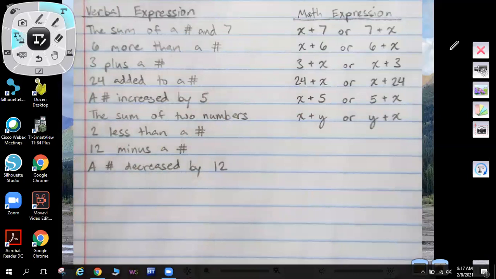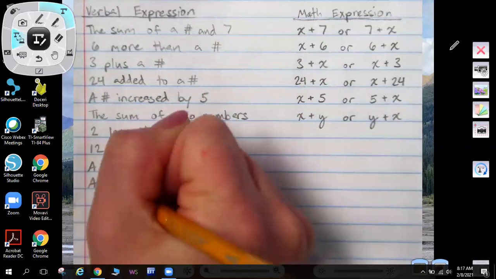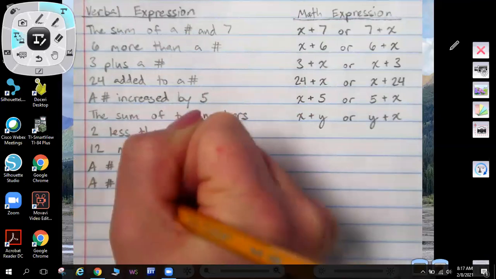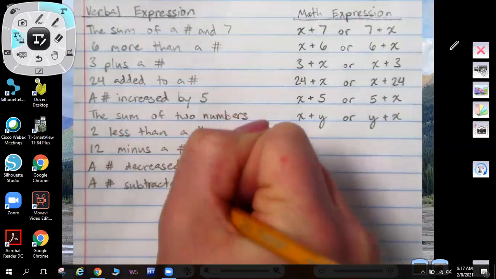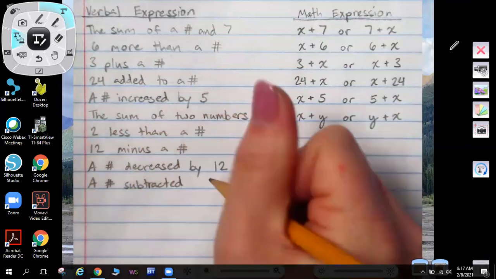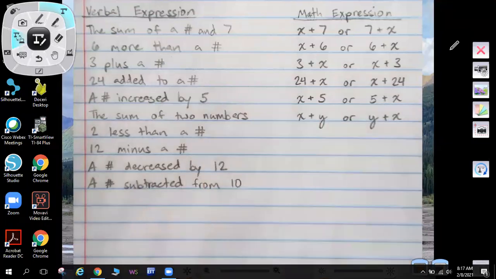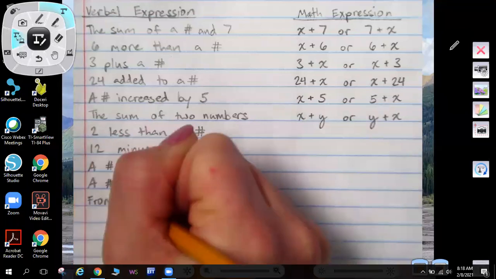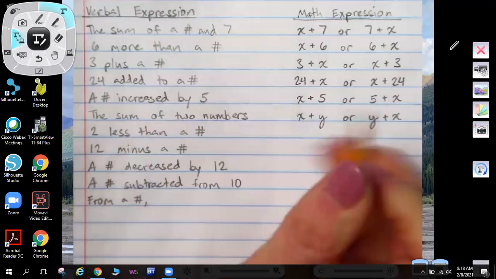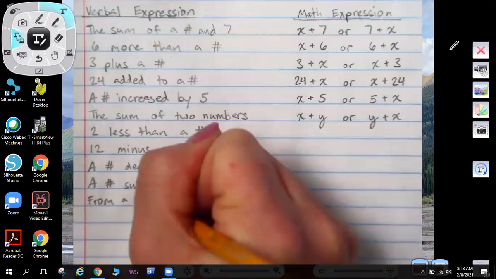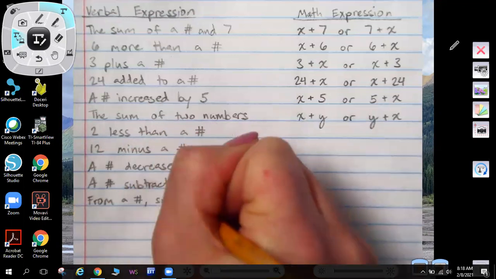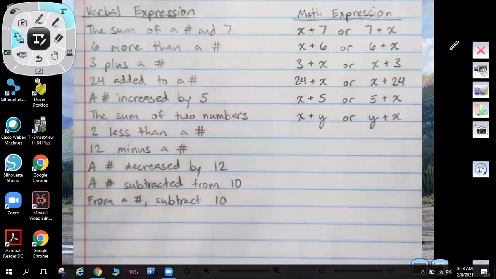A number subtracted from 10. We have from a number subtract 10.